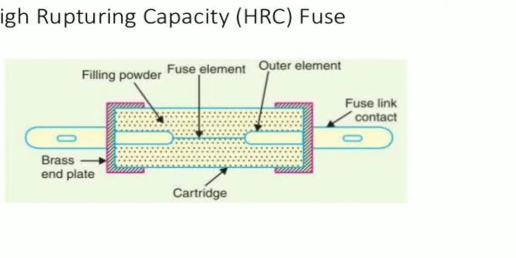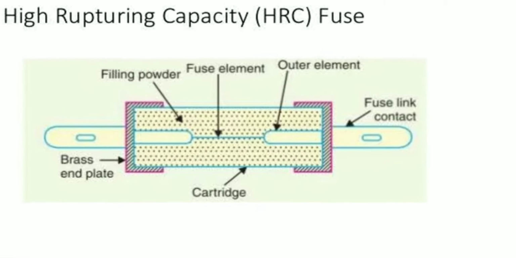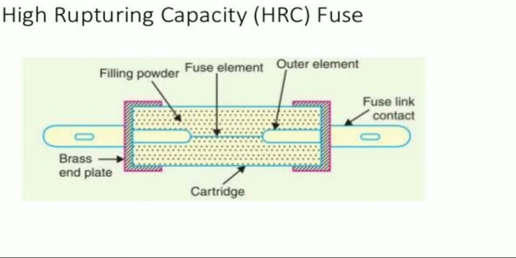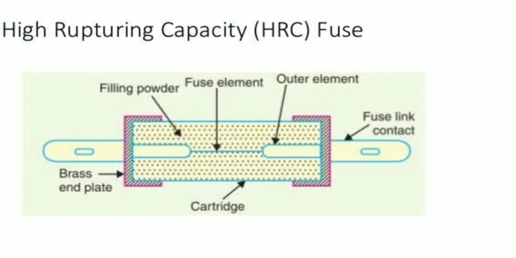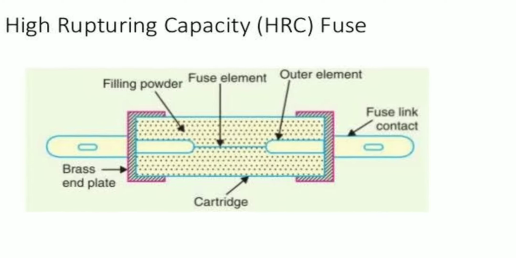So HRC fuse is nothing but a high rupturing capacity fuse. In this type of fuse, this is the fuse element, the fuse wire connected here. This fuse wire or element can carry the short circuit current, nothing but heavy current, for a certain known time period.